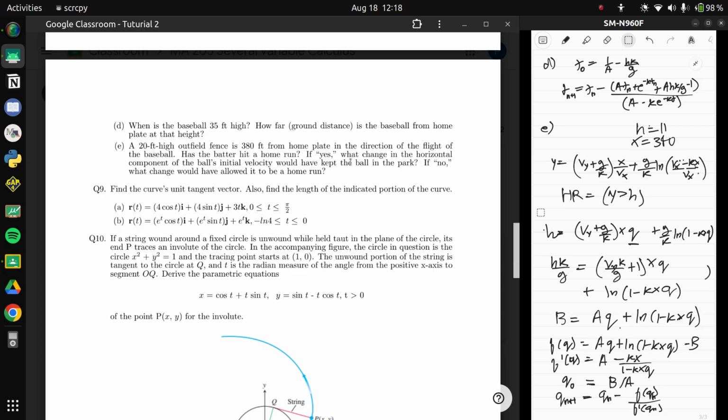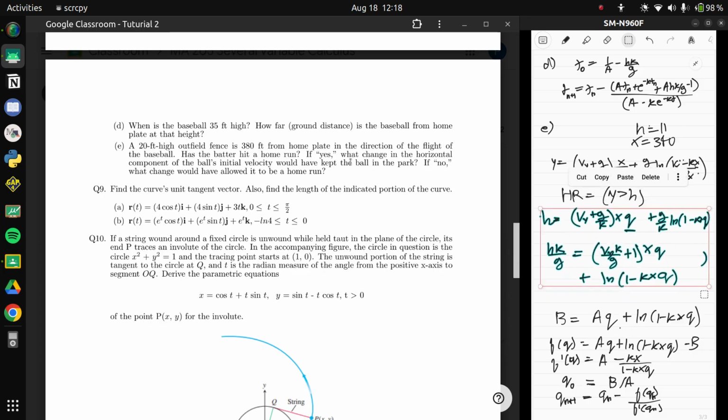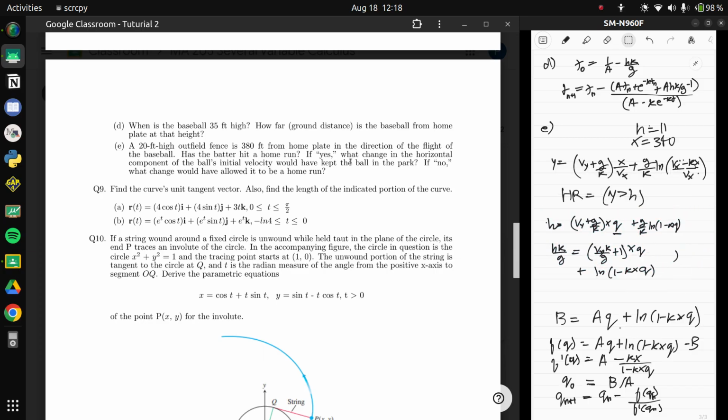So once again, what's our b and all that? So your b thing is just hk by g, and your a is vy k by g plus 1 x. Yeah, that solves it, I think.